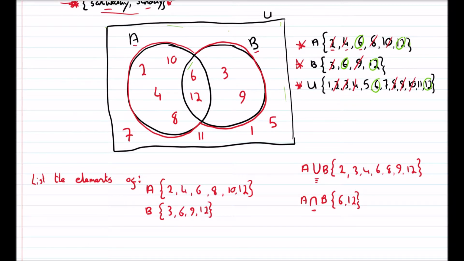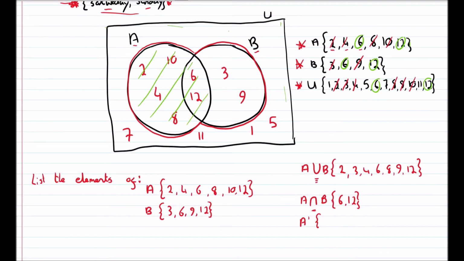We could also be asked for A complement, with a little dash. What that is, is everything not in A. So if you see A with a little dash, that's everything except what's in A. So everything except what's in here.